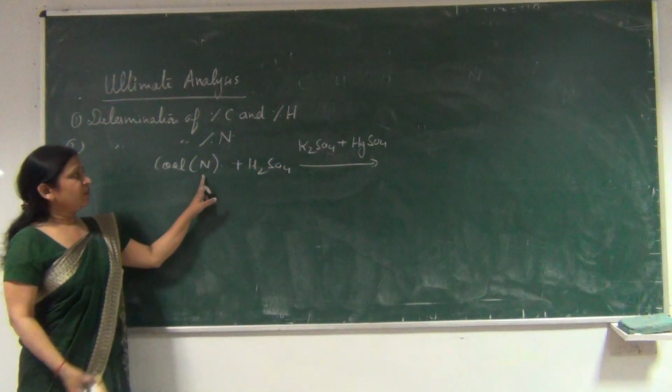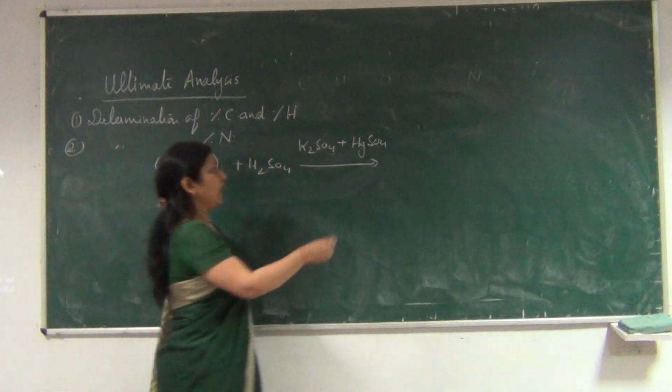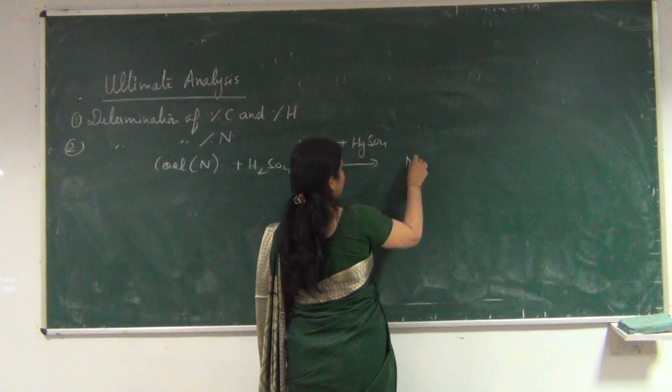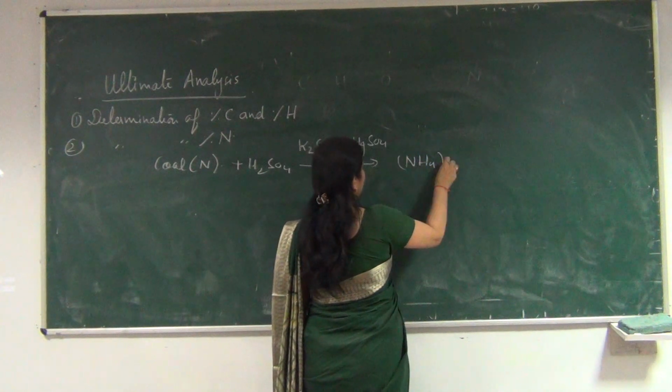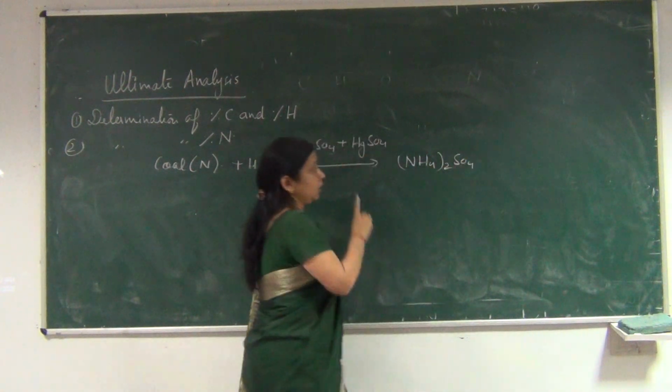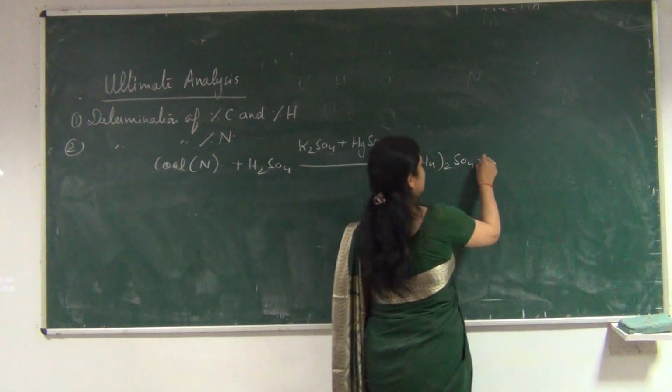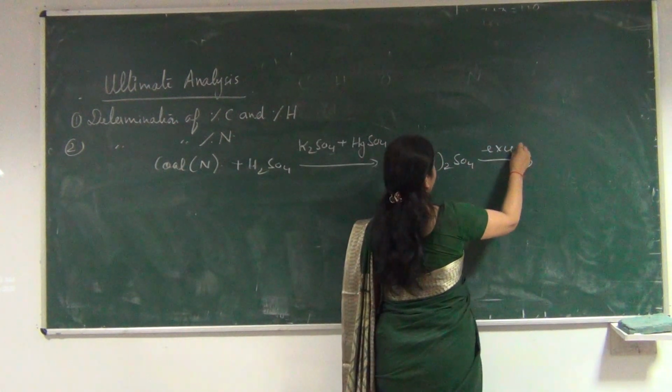So coal which is having nitrogen is treated with sulfuric acid in the presence of these two, and we get ammonium sulfate. Now this ammonium sulfate is treated with excess of NaOH.